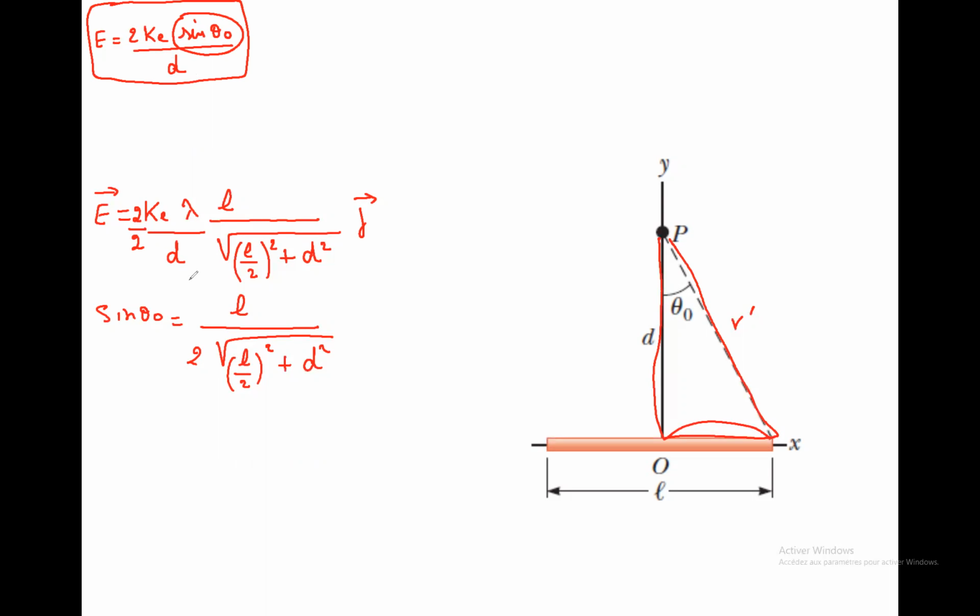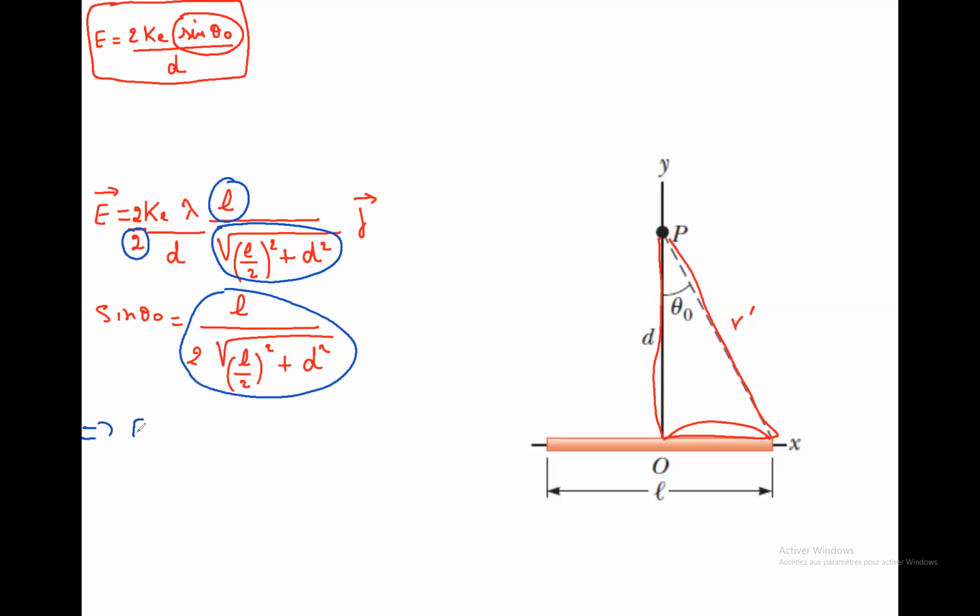Nothing changed. And so L divided by 2 times this value is equal to sine theta 0.